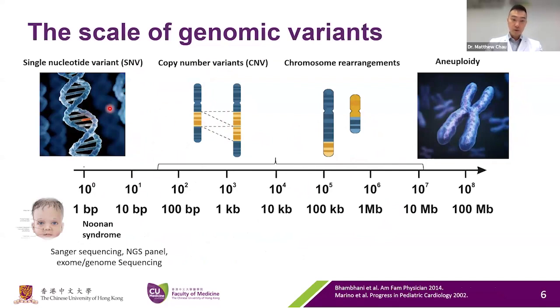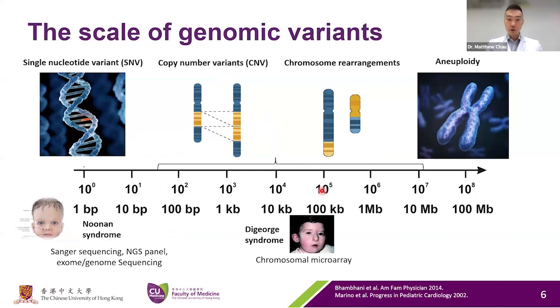For example, a single nucleotide change can cause Noonan syndrome. And copy number variants are those that affect several thousands to several million base pairs. And typically we would think of DiGeorge syndrome or 22q11.2 deletion. And for aneuploidies, we typically would think about trisomy 21 or Down syndrome.